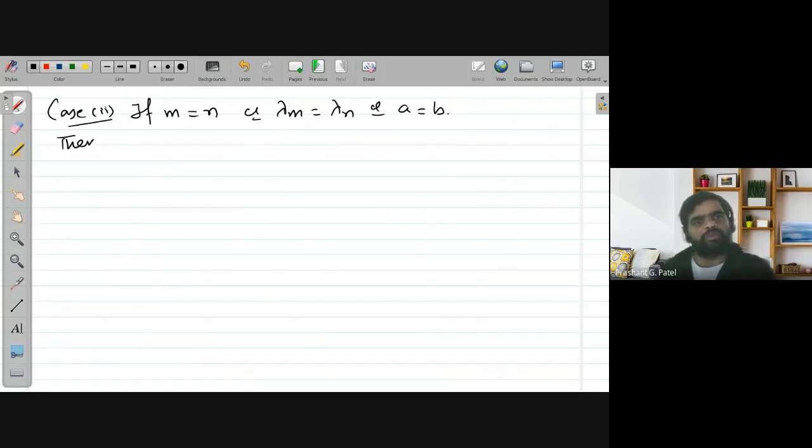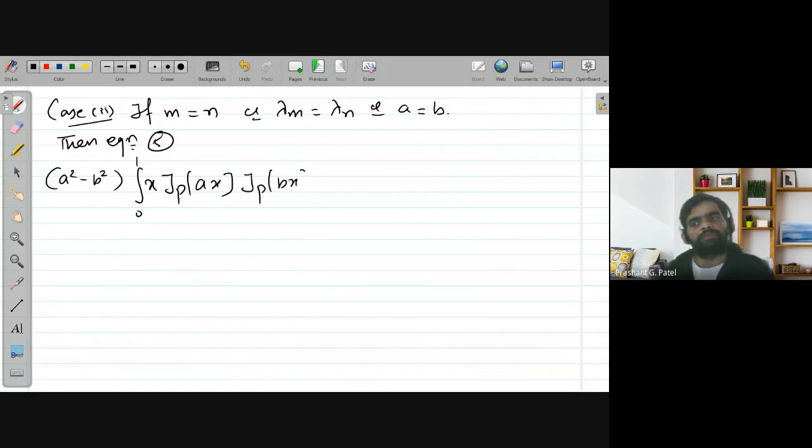Then equation 5, that is a square minus b square integration from 0 to 1 x Jp ax Jp bx dx will be a Jp dash of a Jp b minus b Jp a Jp dash of b. Now we will divide by a square minus b square.